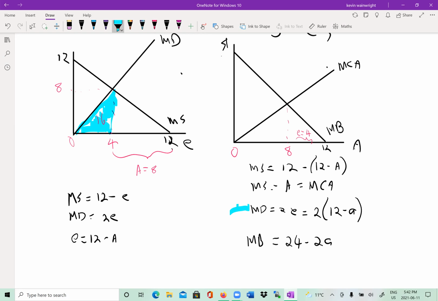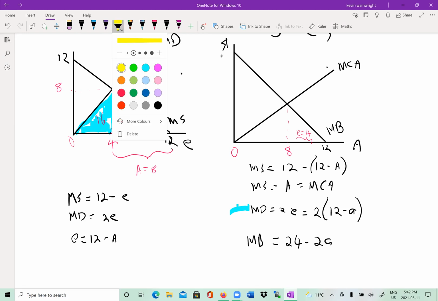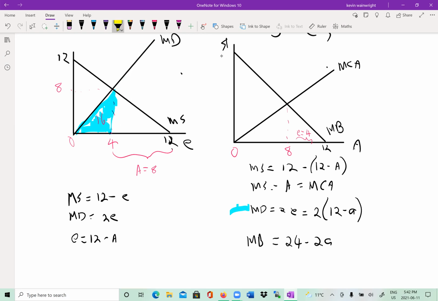And total abatement cost is given by the area under the marginal savings schedule. And that area is 32, half the base times the height. 8 times 8, 64 divided by 2, 32.